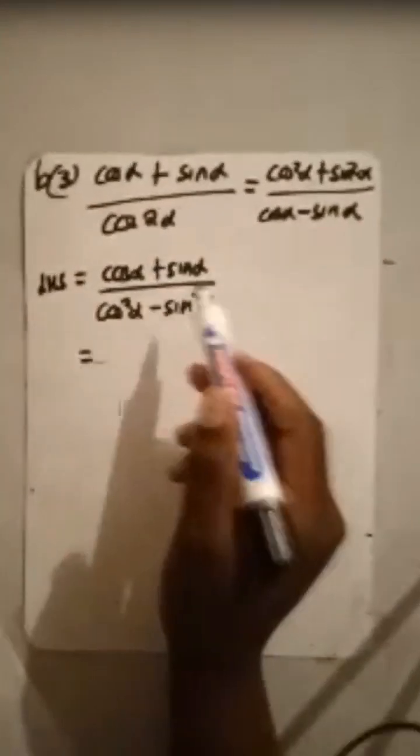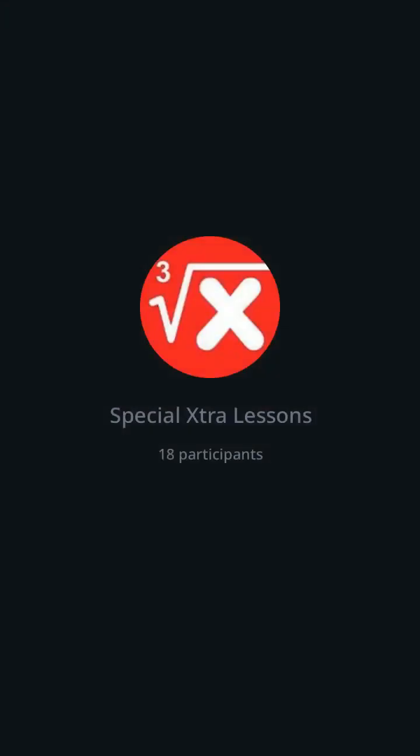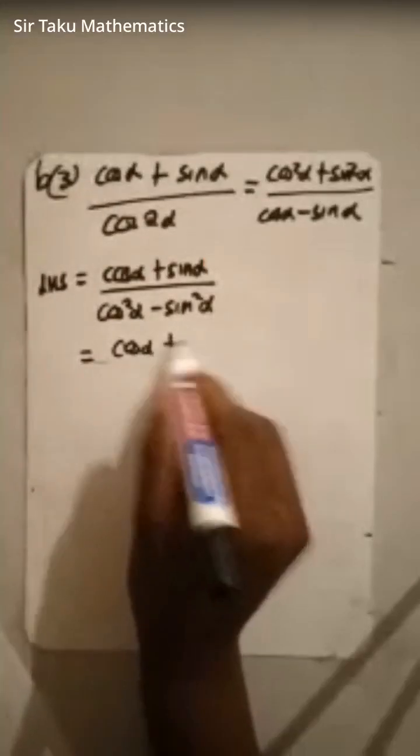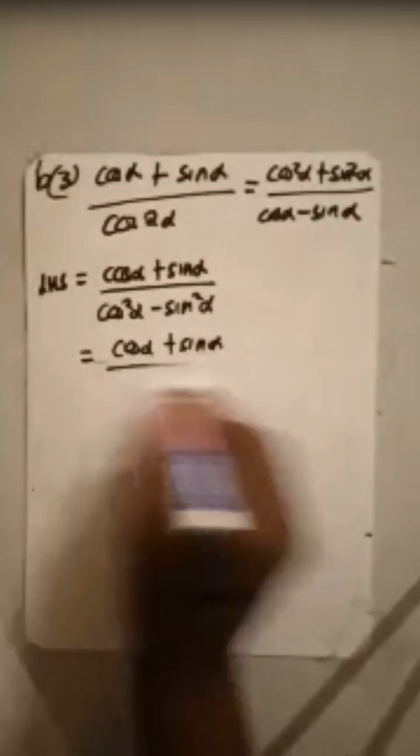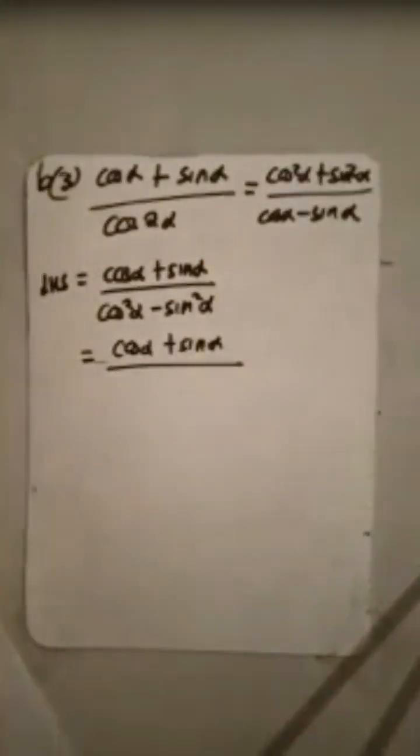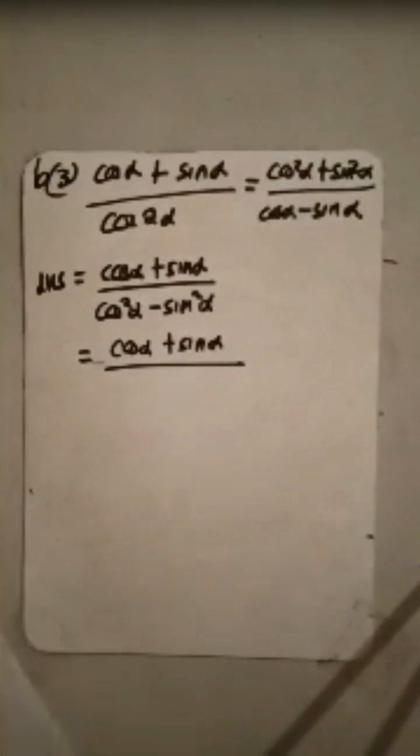If I check now, there's nothing that I can do on the numerator, so I'm going to deal with the denominator. Cos alpha plus sine alpha over, what can I do to the denominator, guys?